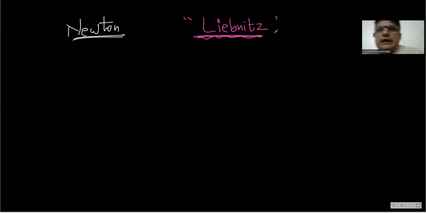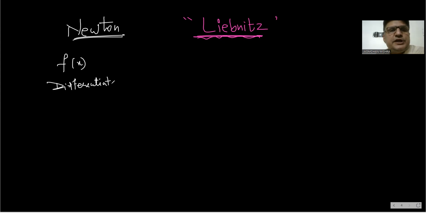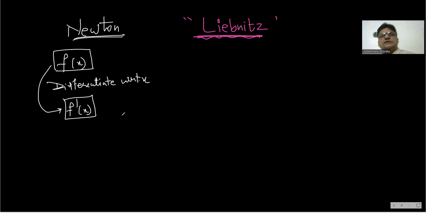Now, f of x, please understand students, when you differentiate f of x with respect to x, what do you get? You get f dash x. This is the derivative of f of x with respect to x. What is f dash x? Derivative of f of x with respect to x.